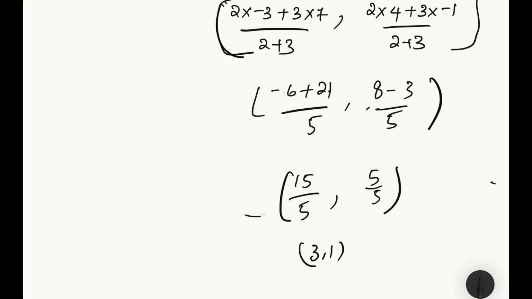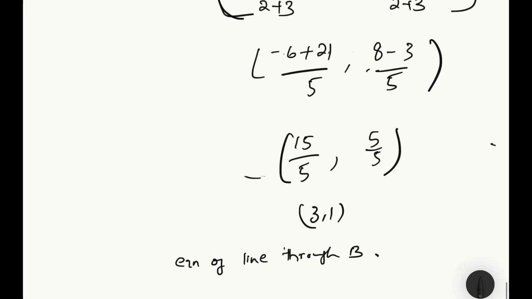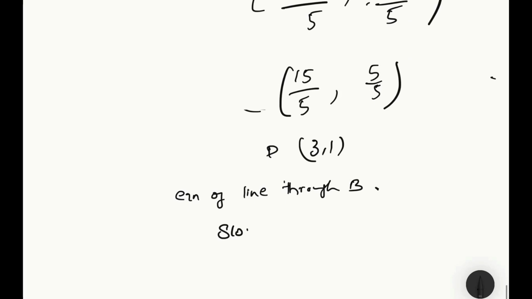So what will be the equation of the line? The equation of the line through B we need to find out. In order to find that, we need the slope using B and P. Slope of BP is equal to 1 minus 1 by 3 minus 4, equal to 0 by minus 1, equal to 0.